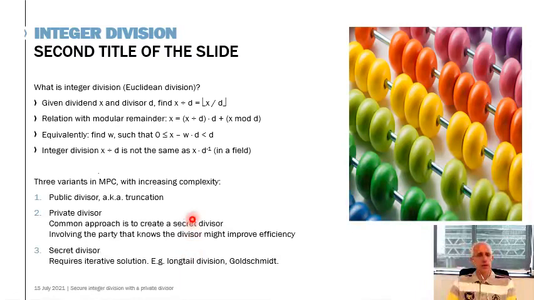And in between is a private divisor. The divisor is known to only one party, and it's not public knowledge. The basic approach has always been to create a secret divisor, so make a secret sharing of it, and then perform a secret division. But as we will see, it's much more efficient to use a separate protocol for this.